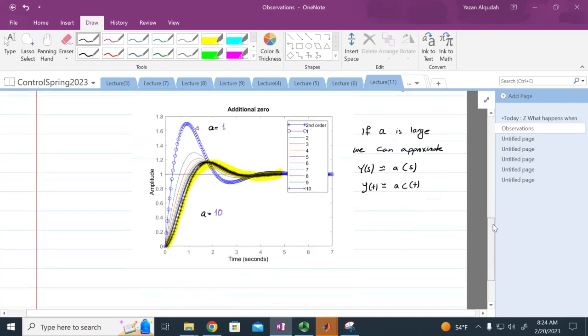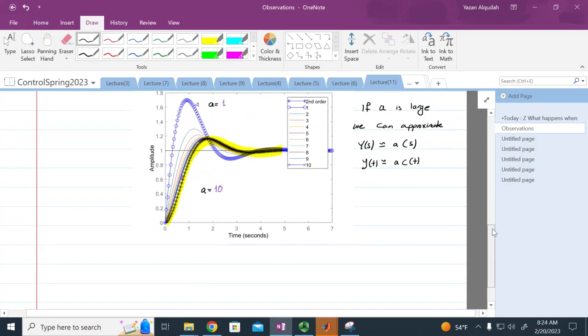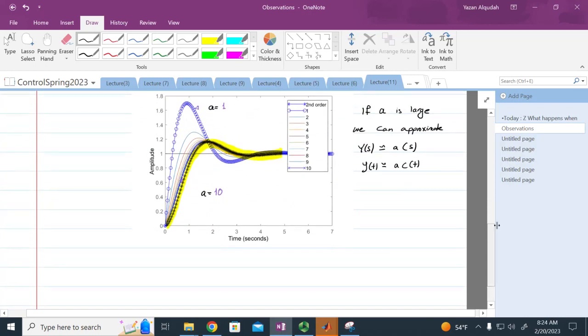So what happens if we have more than one extra pole or one extra zero? We might not be able to use the derivation that we've done with the second order system. Does that make sense? Now the second order system is very popular, and probably any time you see anybody analyzing a system, the first thing you're going to try to do is to approximate it with a second order system.